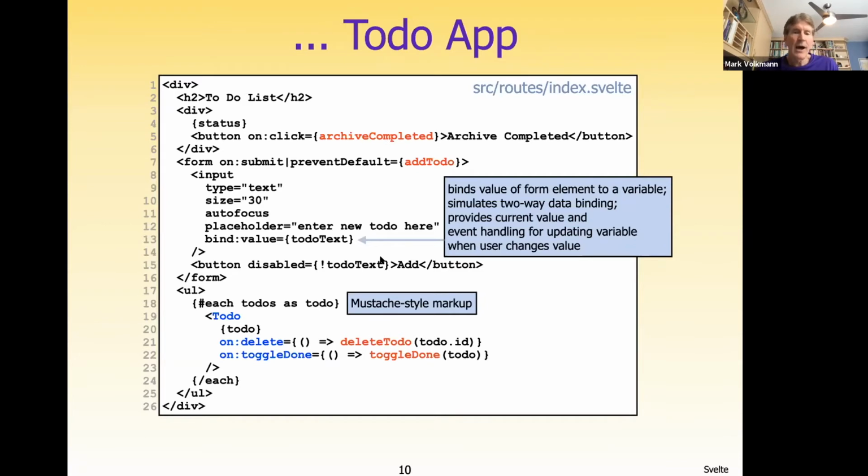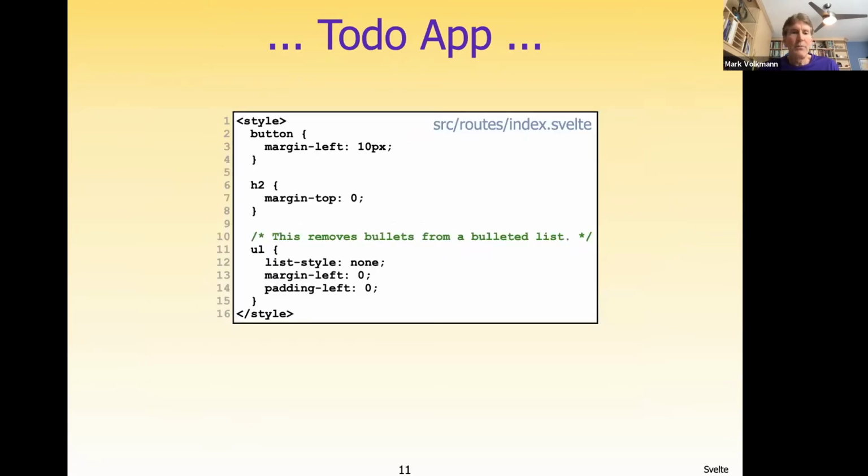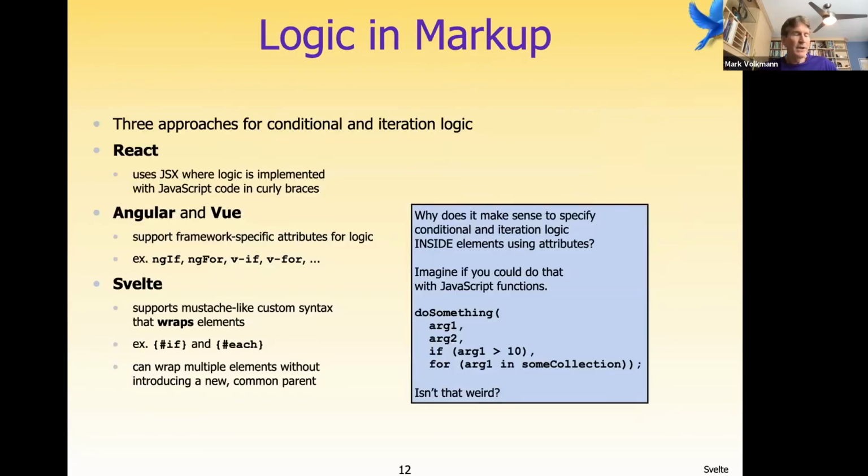Similarly, for the toggle done event, I'm listening for that, and I want to pass the whole to do object to toggle done. Finally, we've got a little bit of CSS, but really the only interesting thing here is on line 11 through 15, I'm saying I don't want bullets in front of the list items. Okay, so that's all there is to that app, but this covers a range of interesting features in Svelte, I think.